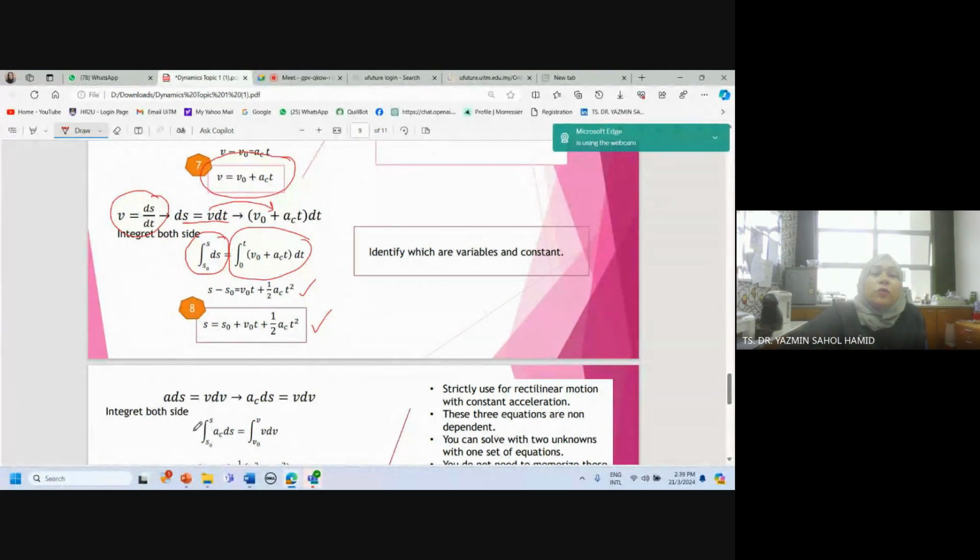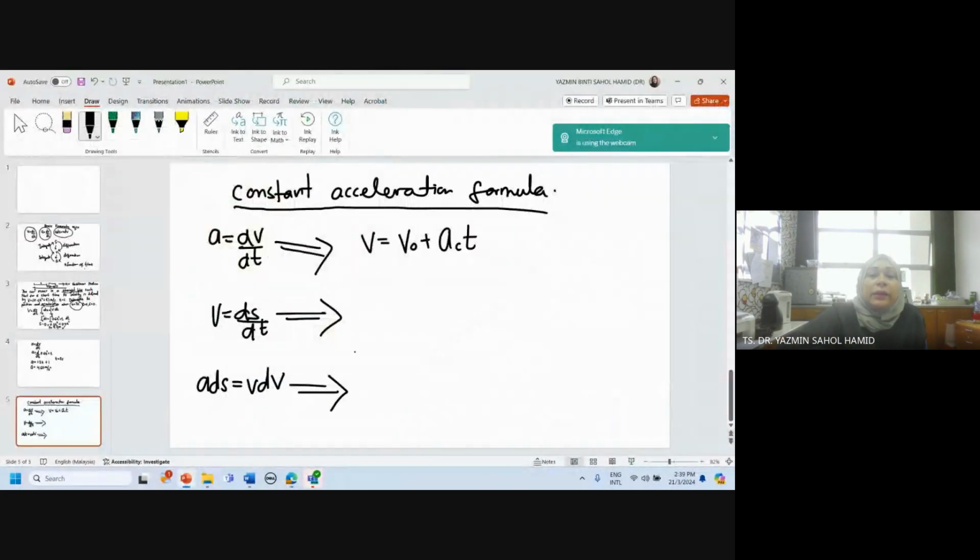Okay, so for the next formula, if we go back here, do you remember, guys? What is it? s equals s naught plus v naught t plus 1 over 2 a t squared. Now, again, I will remind you what is v. v is the final velocity.